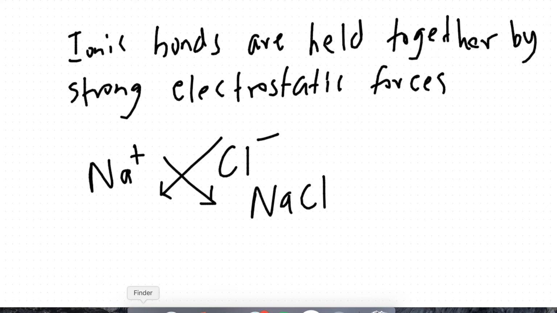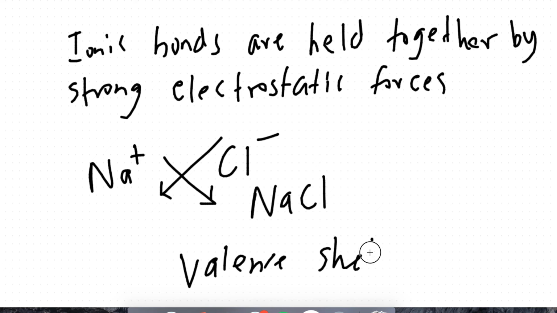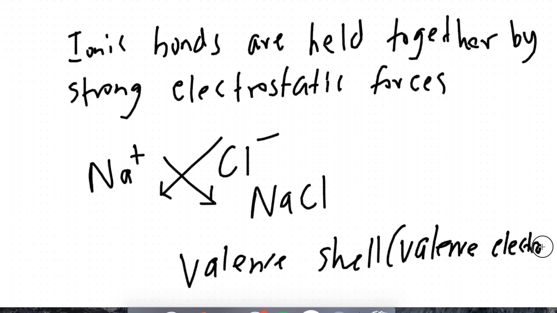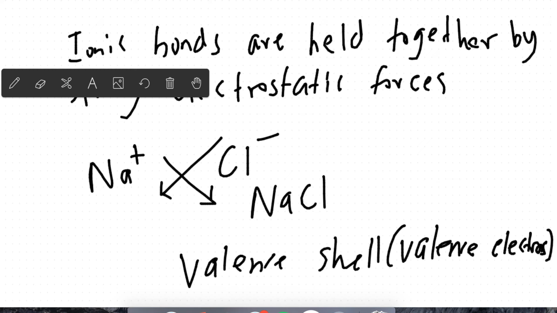The metal will lose electrons or lose 2 electrons or lose 3 electrons, depending. And remember, students, when you form bonds, you only deal with the valence shell, which is the last shell. The valence shell has valence electrons, which are the electrons in the last shell. We don't deal with any of the other shells, okay? So, the metal will become the positive ion, the non-metal will become the negative ion.